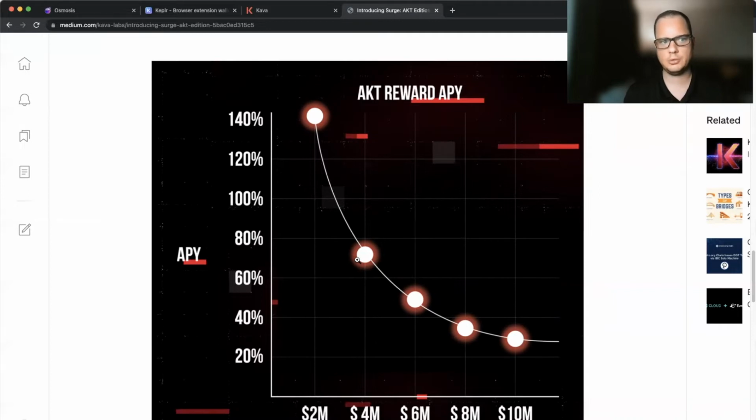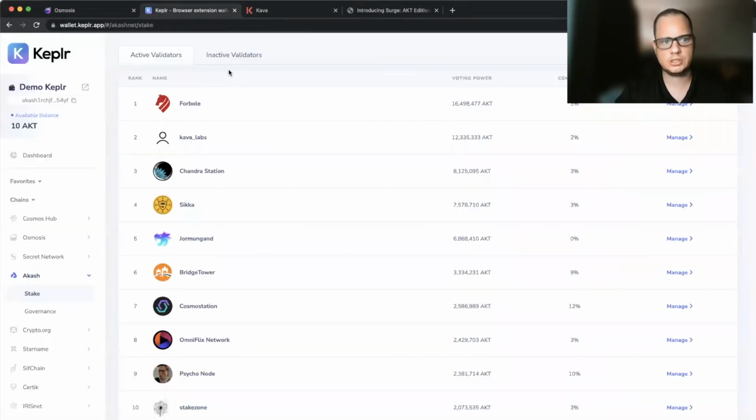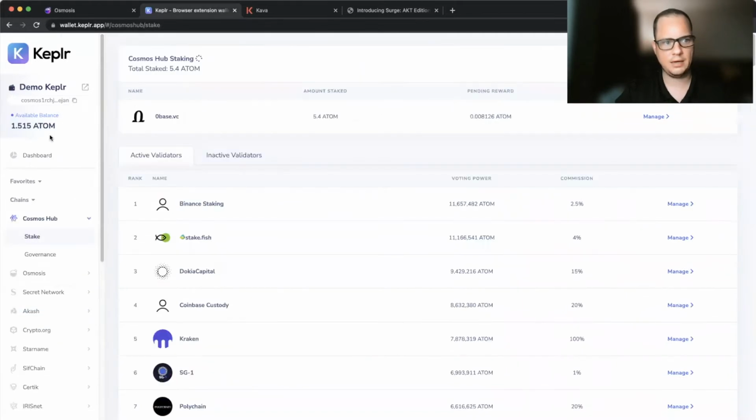So what I'm doing is just giving a rundown on how to utilize it. First, we need to make sure that we have some Akash in our wallet, and also some ATOM, because the ATOM lend surge event is currently live right now. I'll go ahead and add one ATOM to the lend protocol in order to achieve those APRs.